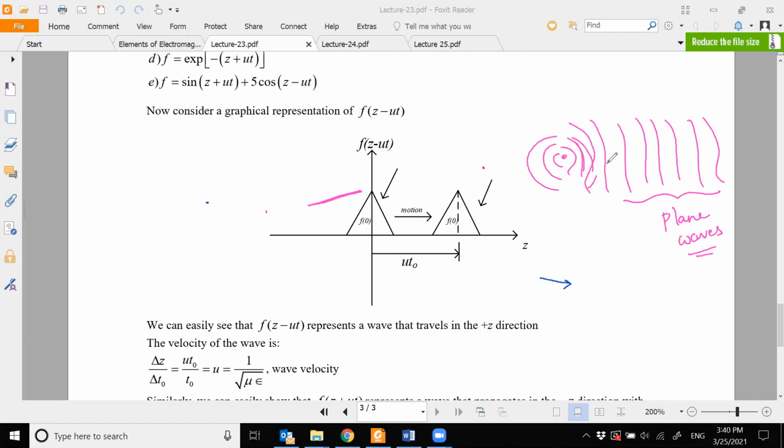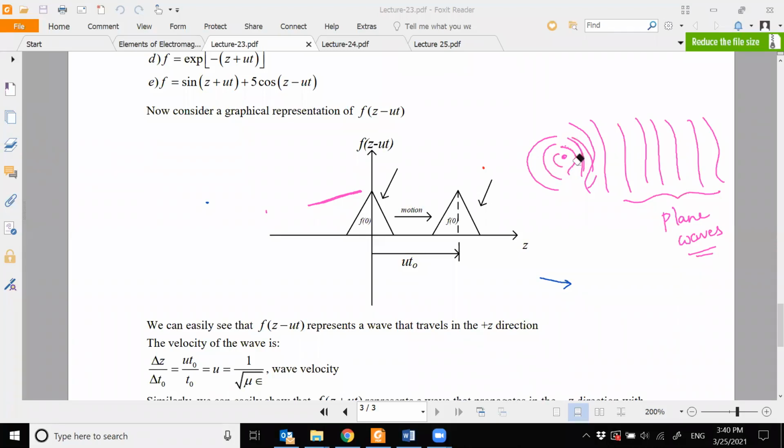These cannot be the plane wave because see here, the Z is changing. In a plane wave, wherever you move in Z, the phase must be the same. So this is the plane wave.